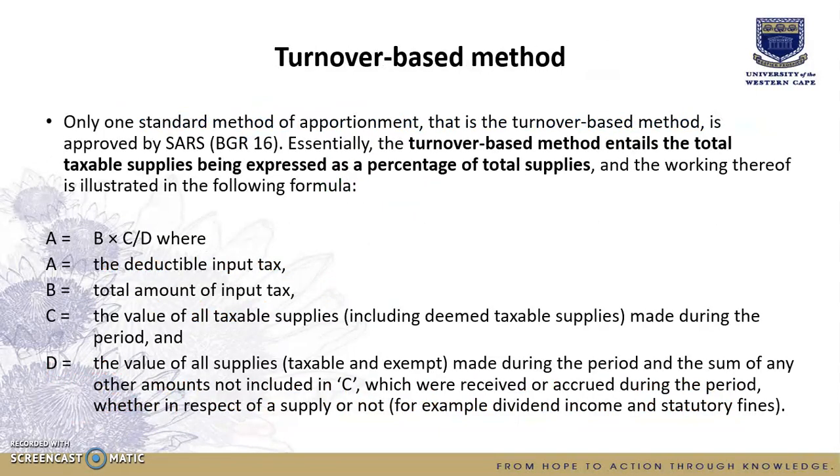Okay, so probably the easiest way of apportioning is to use the turnover based method. Alright, I'm not going to go through this formula. I think pause the video, have a look, read through it, see exactly what needs to be included for each of those components, and then we'll continue on the next slide.